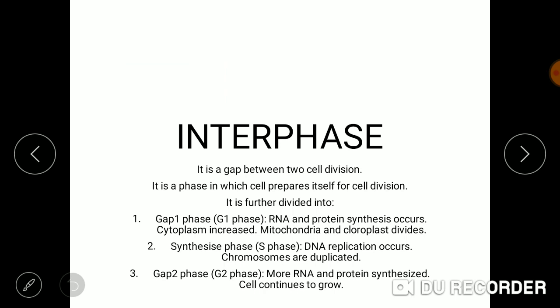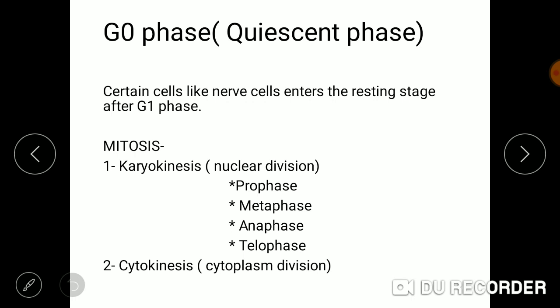As we have seen here, after G1 phase comes S phase. So, instead of entering into S phase, the cell is now entering into G0 phase.